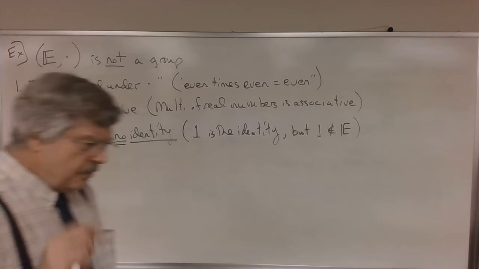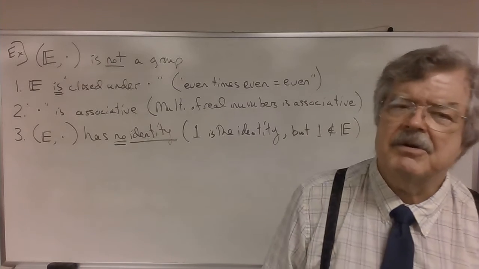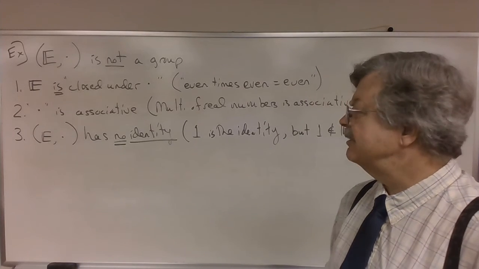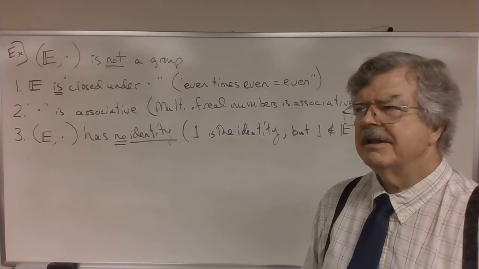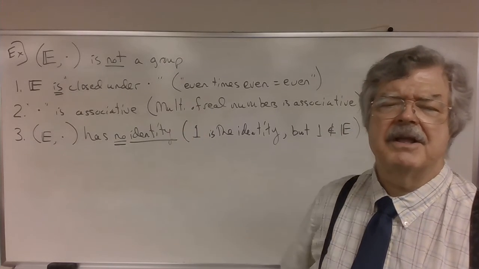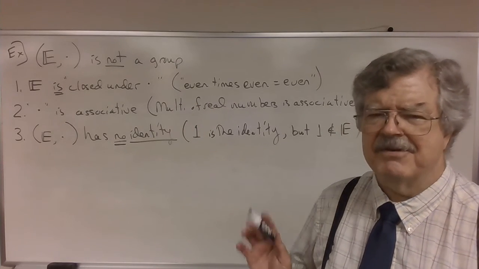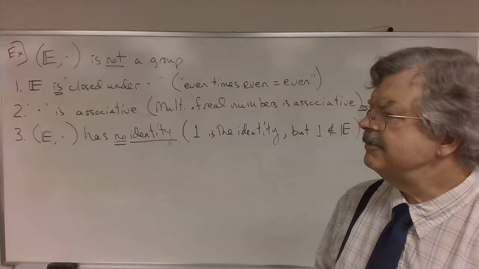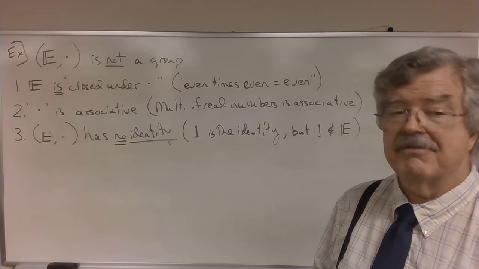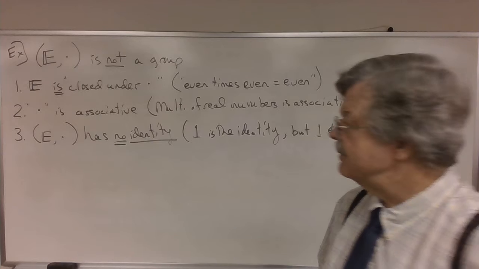And is that the only thing that prevents the even numbers under multiplication from being a group? Well, let's go to the fourth property, the inverses, and see if every even number has an inverse that's also an even number.